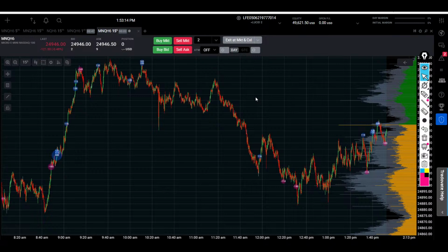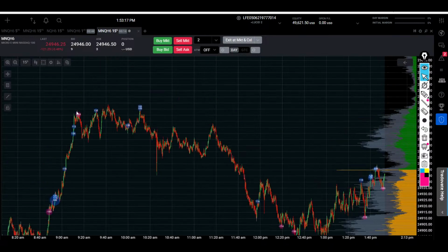So here, for example, you see an impulse, and then it does a correction, but it didn't do the smaller correction.